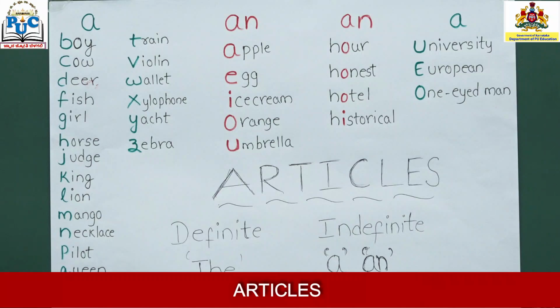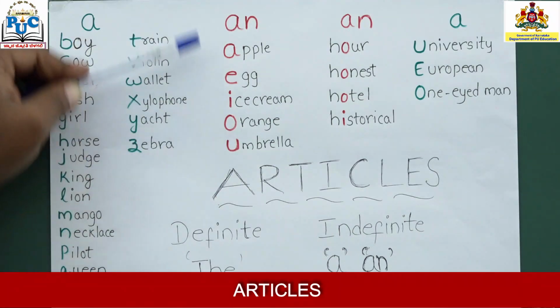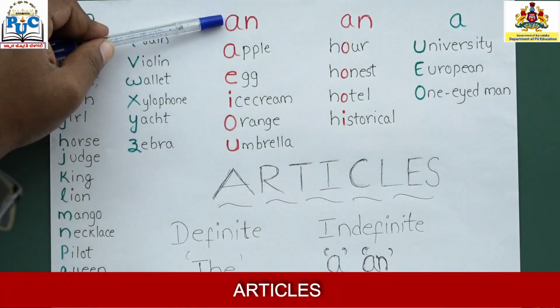Look, these are all vowels, so you are using an. So you come to the conclusion that whenever you have a vowel, you use an.